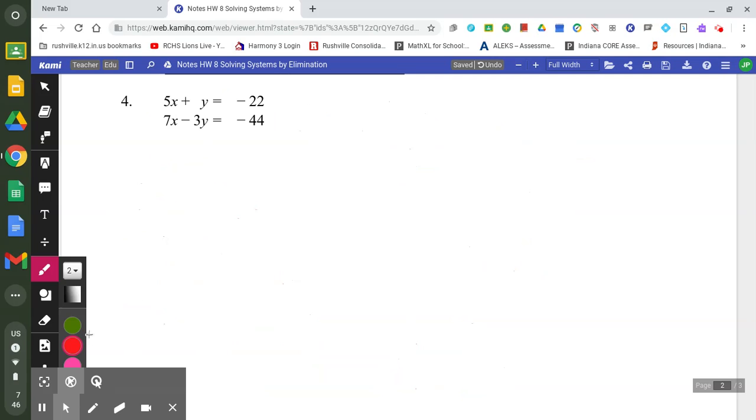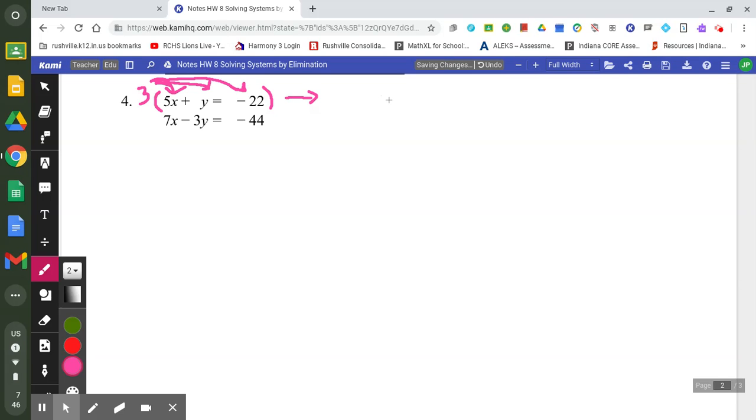Okay, on number 4, the y values are almost ready. One is a plus and one is a minus, but I need that plus y to be plus 3y. So I'm going to multiply the 3 times each of those numbers and rewrite my new equation over here.